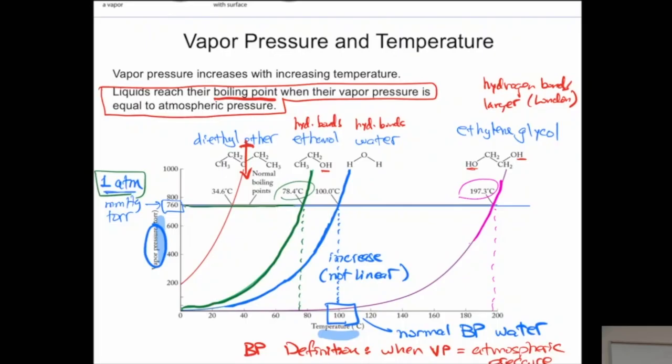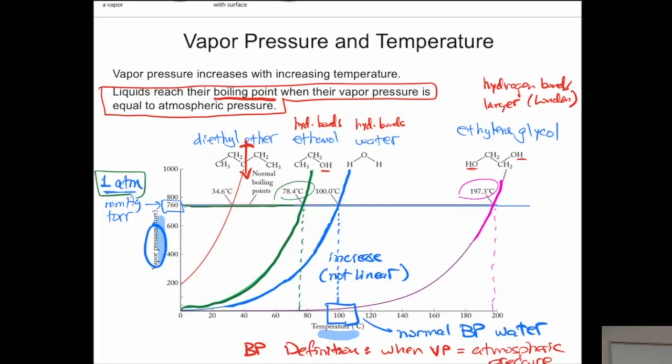So if the vapor pressure is lower, you don't have as much coming out of the solution. To get it to boil, you've got to get a lot more coming out. The stronger the intermolecular forces are, the more energy you have to give that liquid to get it into the gas phase. So the inherent vapor pressure is lower, and it takes more energy to get it up here.